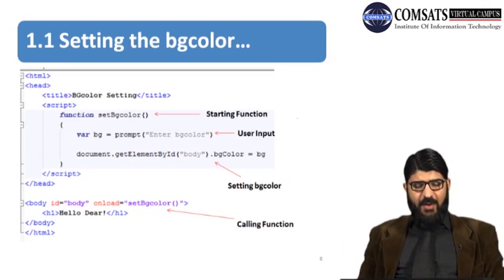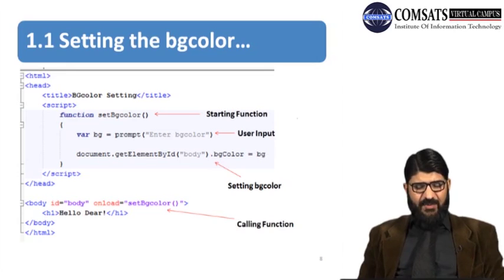Now, when to call the setBgColor function. In the body tag, the id is mentioned as body, which is passed as an element for the getElementById method, and then onLoad is mentioned, so that on the onLoad event the setBgColor function will be called. The body tag is closed with the heading hello dear, and the HTML tag is closed.